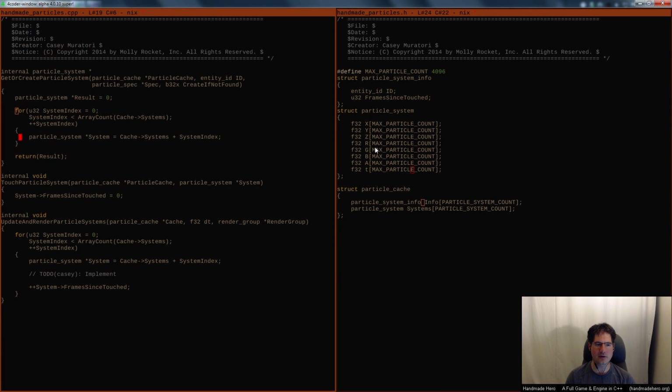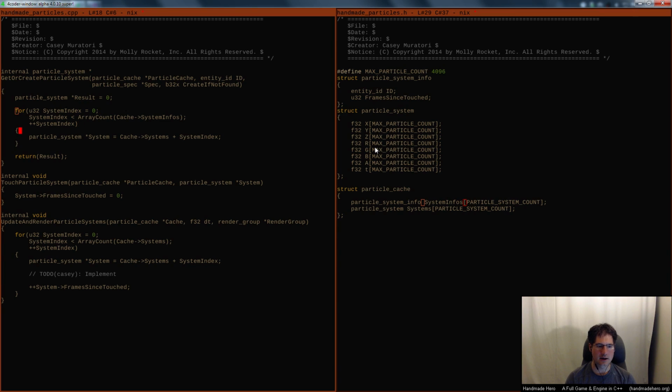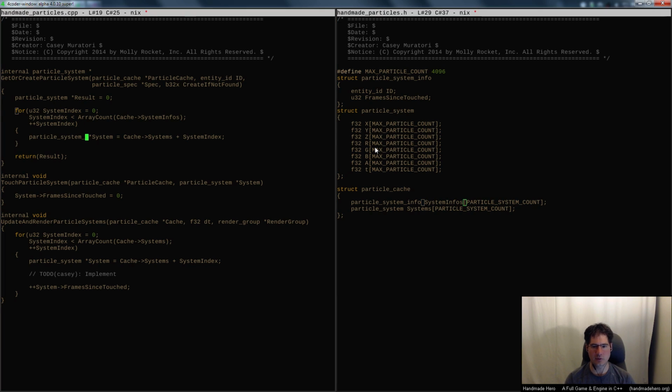So if we were to do that, then inside the particle part of this, what we would say is, still loop through the systems, but instead make it the system infos. And we just want to check those, right?